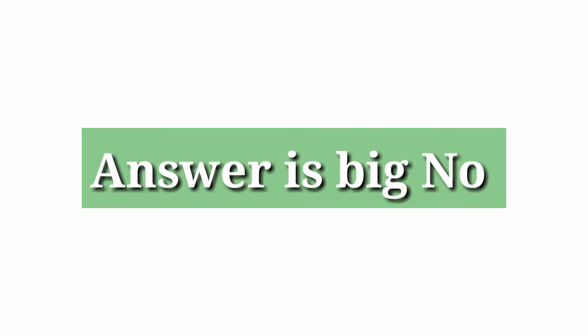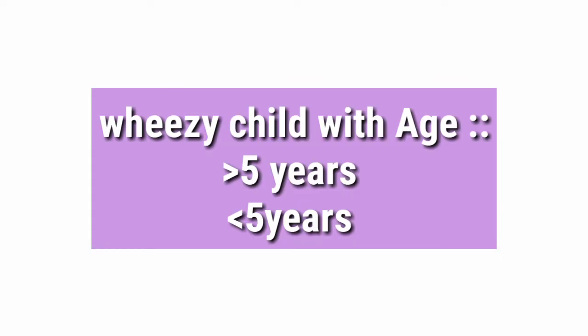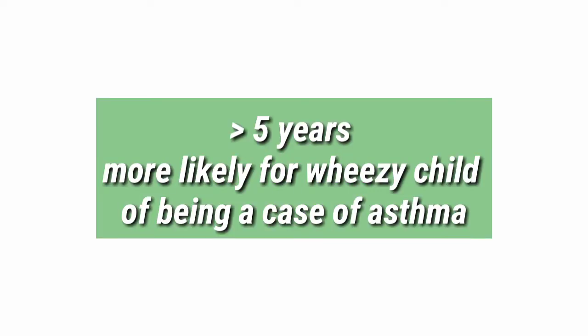So we divide the children into two age groups. One is less than 5 years of age, and the other is more than 5 years age group. In the more than 5 year age group, it is easy to label the patient as asthma. The reason being that the patient has passed the time of 5 years. In 5 years, the course of history is defined.